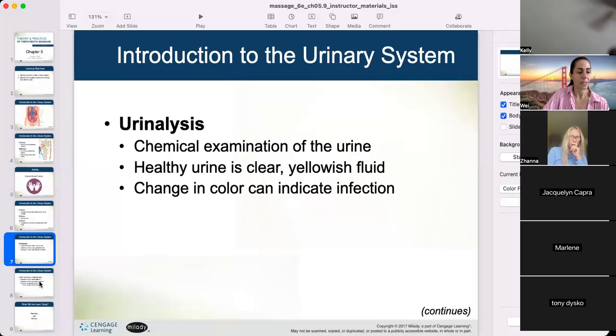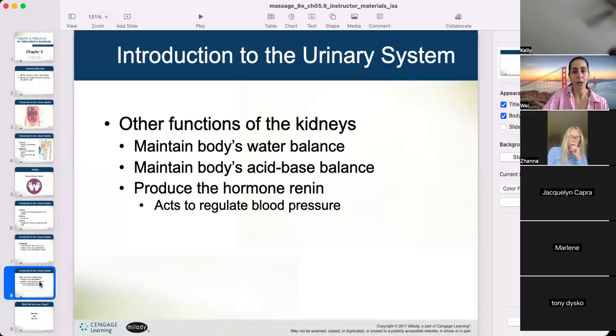Other functions of the kidney include maintaining water balance and acid-base balance. The kidney also produces the hormone renin, which helps regulate blood pressure in the body. So other functions are water balance, acidity balance, having a proper pH, and the production of this hormone, which helps in regulating the blood pressure.